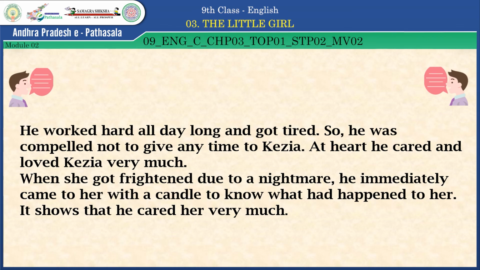So he was compelled not to give any time to Kezia. At heart, he cared and loved Kezia very much. When she got frightened due to a nightmare, he immediately came to her with a candle to know what had happened to her. It shows that he cared very much.